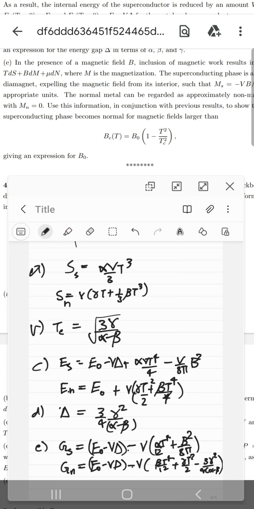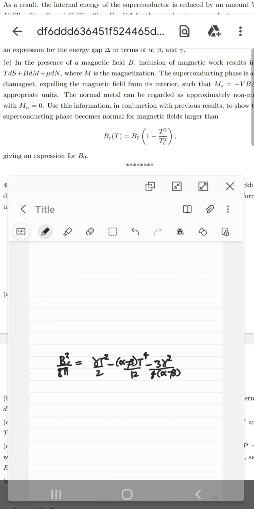We just equated the Gibbs energy, right? That's just what we did, and that's how we got this B subcritical. And how is this happening? This is certainly not t square upon tc square. This isn't the equation that we are getting for B. Certainly not.